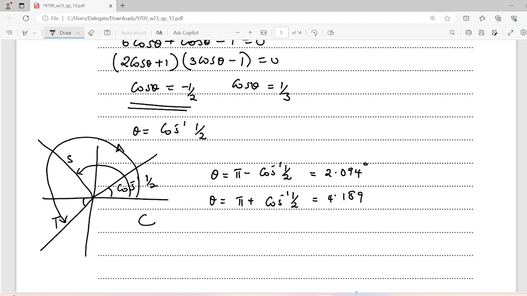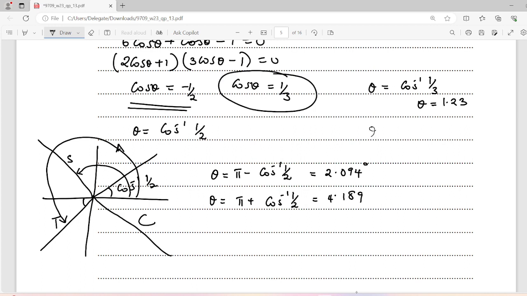So if I'm to go to cos theta being a third, theta is cos inverse of a third. And when you do that, you end up having theta as 1.23. So this is the angle in the first quadrant. But remember, we are looking at where cos is positive, meaning another angle will be in the fourth quadrant, which is going to be 2 pi minus that acute angle you got.